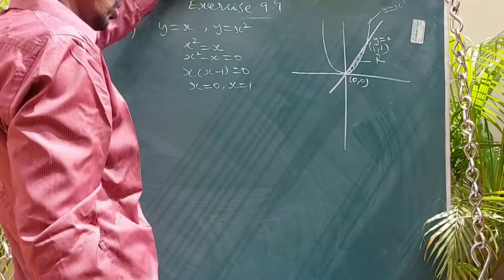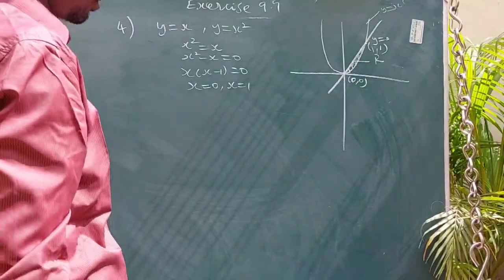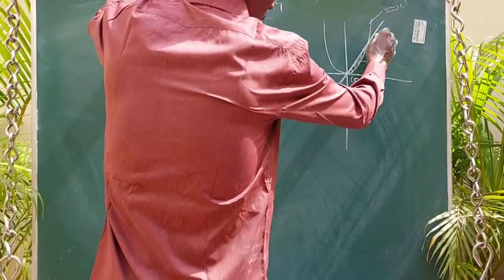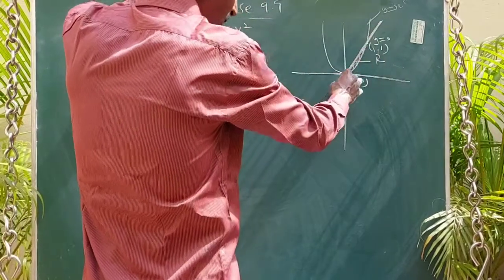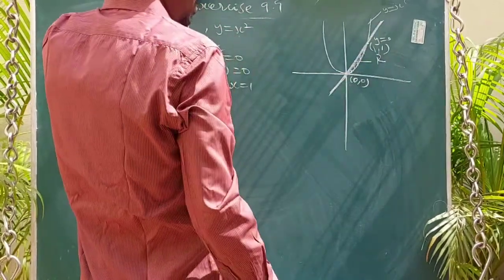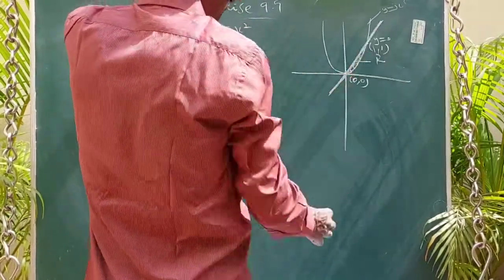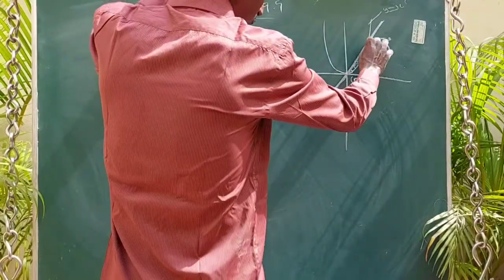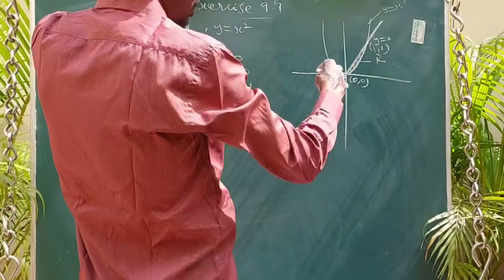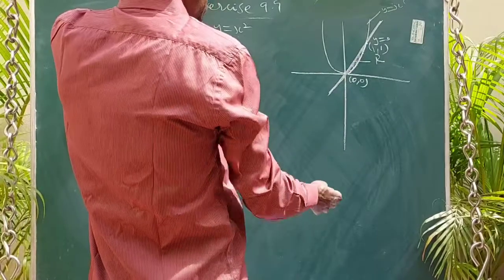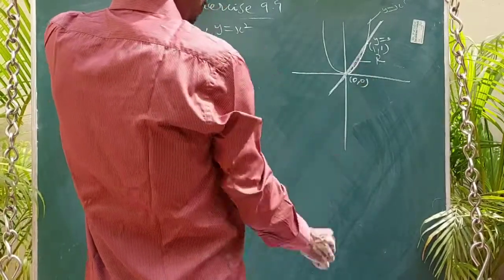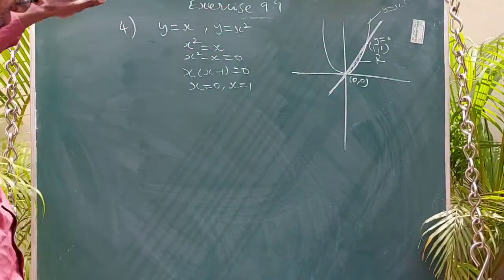We first find the volume obtained by the rotation of the curve y equal to x between these two limits, and then the volume obtained by the curve y equal to x square revolving about the x axis. Then subtract the second from the first, and we get the answer.